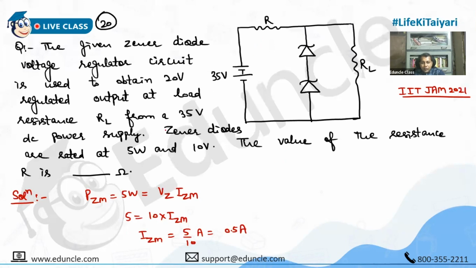And current through R is, voltage 20 volt regulated. So voltage across this one is 20 volt, it means. So what will be the voltage across this one? 15, na then. So what is the current through R? Let it be IS. It will be 15 by R, na?